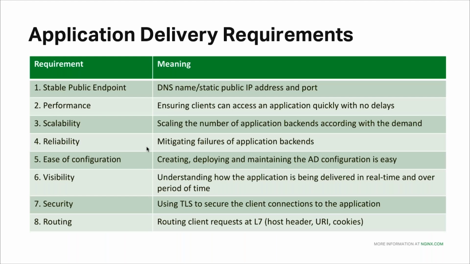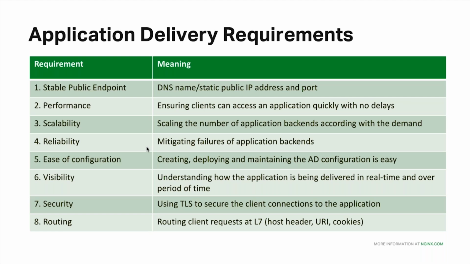What does it mean to successfully deliver an application? Here you can see the requirements for successful application delivery. First, we should provide a stable public endpoint for our users. That endpoint can be a DNS name or a static IP address and port. Second, performance.